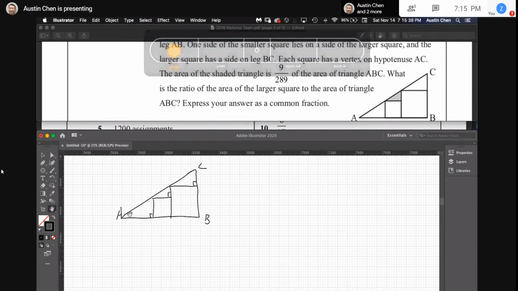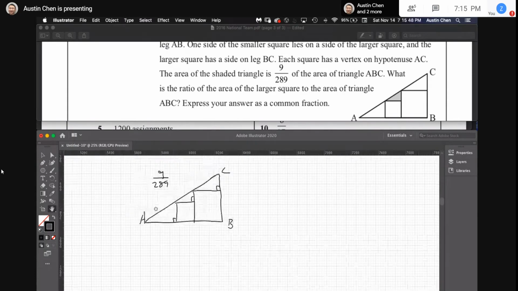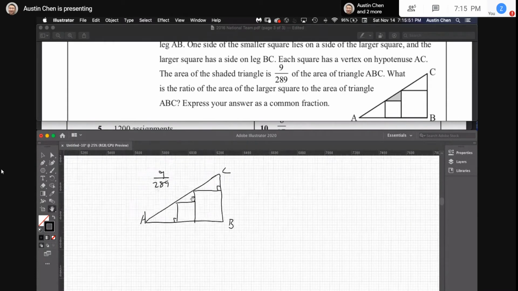So if we know that this smaller triangle is similar to the larger triangle, then we could do some things, right? We know that this smaller triangle is 9 over 289 of the area of the larger triangle, right? And that's a two-dimensional scaling, right? So we can just convert that into a one-dimensional scaling because the triangle is similar. So that means the triangle's side lengths will be 3/17 of the larger triangle's side lengths, right?